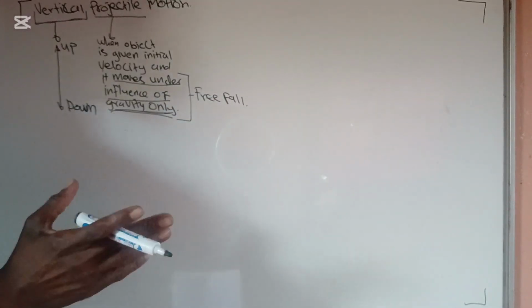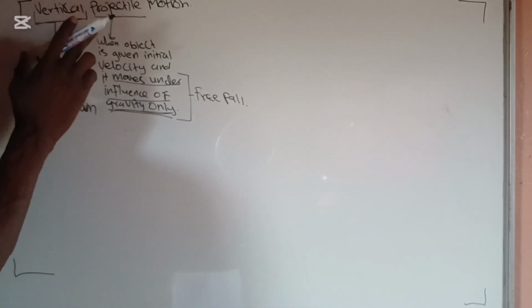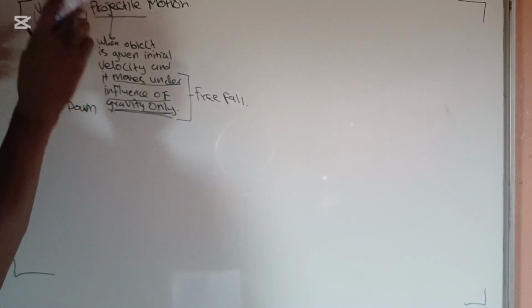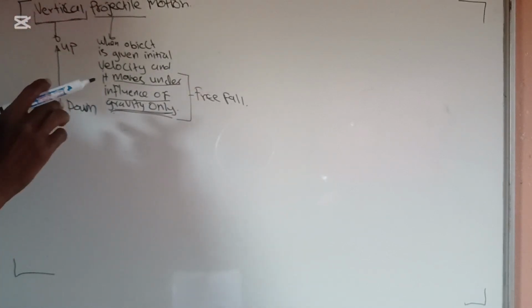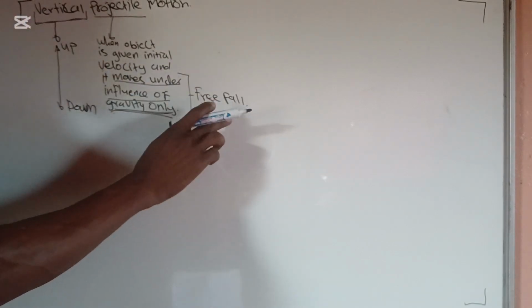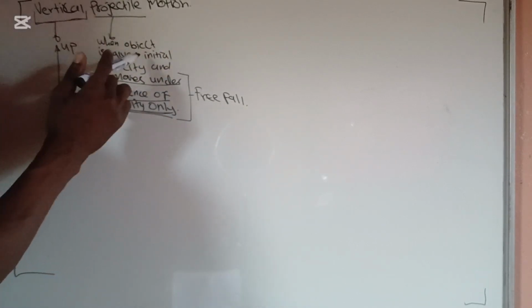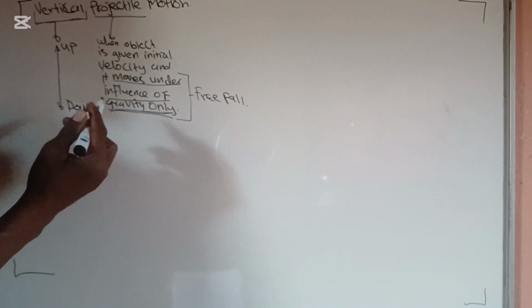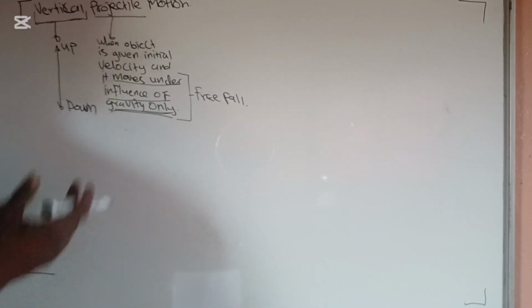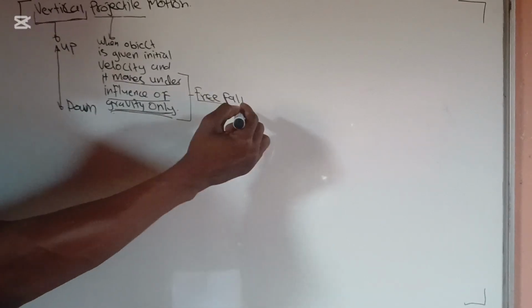So don't confuse a free fall with a projectile. A projectile is an object that was given initial velocity and is moving under free fall. So when an object is given initial velocity and moves under the influence of gravity only, it is in free fall. So a projectile here is a free falling object.